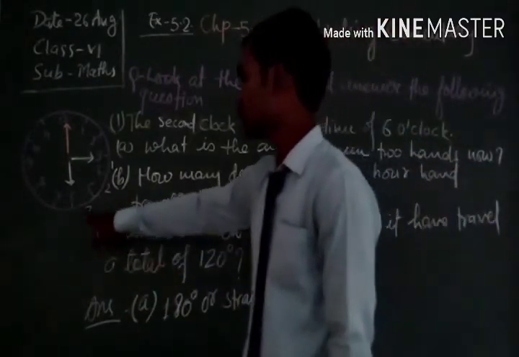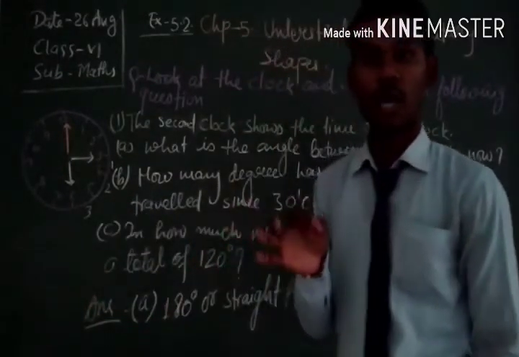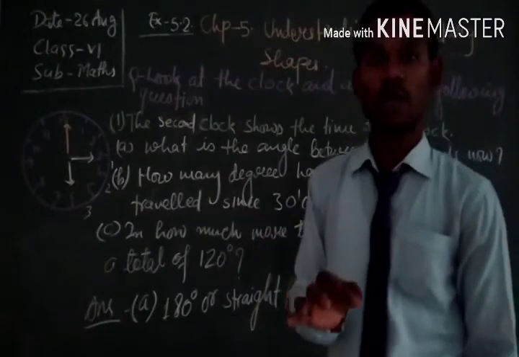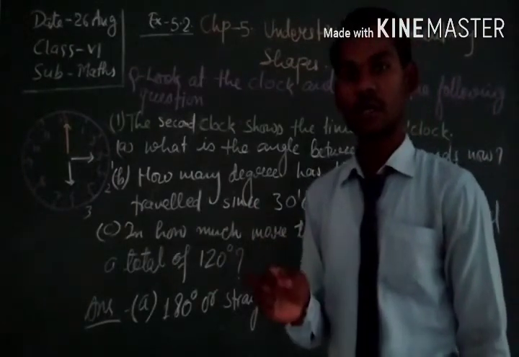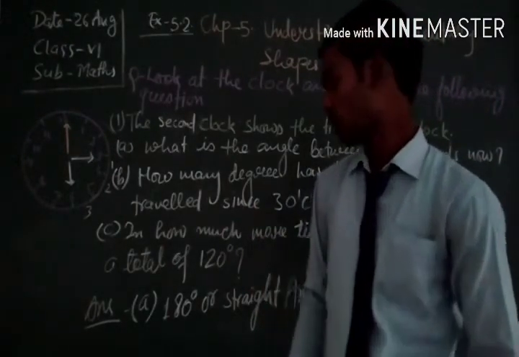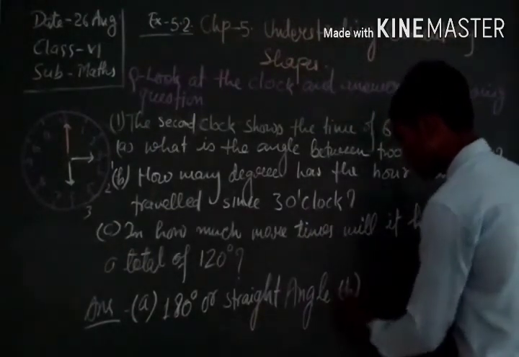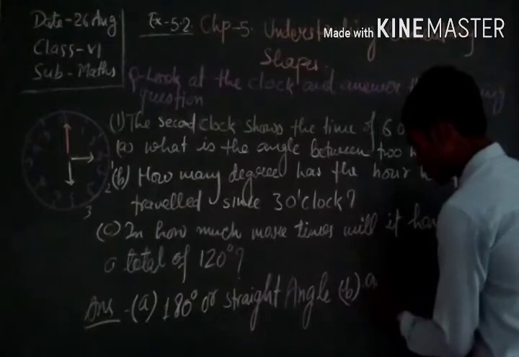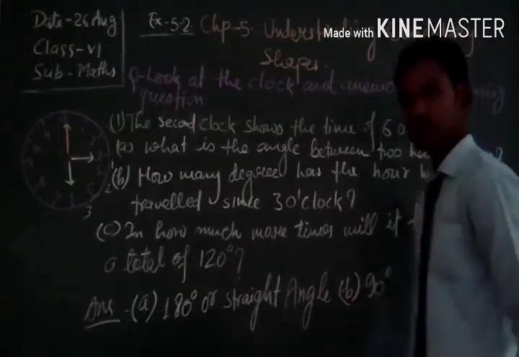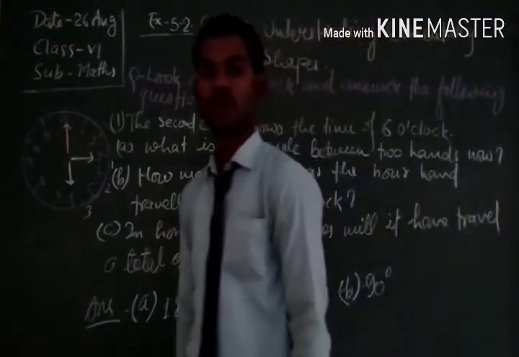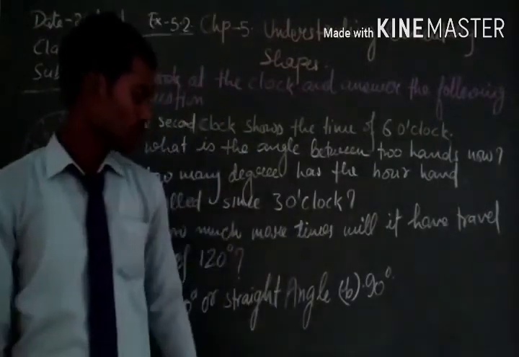So when it crossed 3 parts, the hour hand traveled 90 degrees since 3 o'clock. So our answer will be 90 degrees. This is the third option. I hope it is also clear.